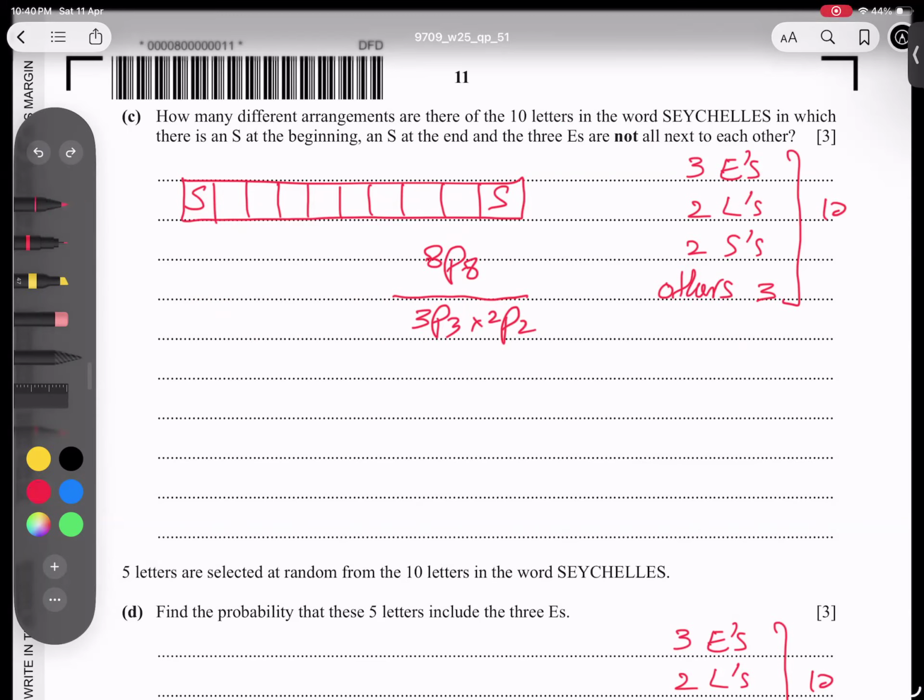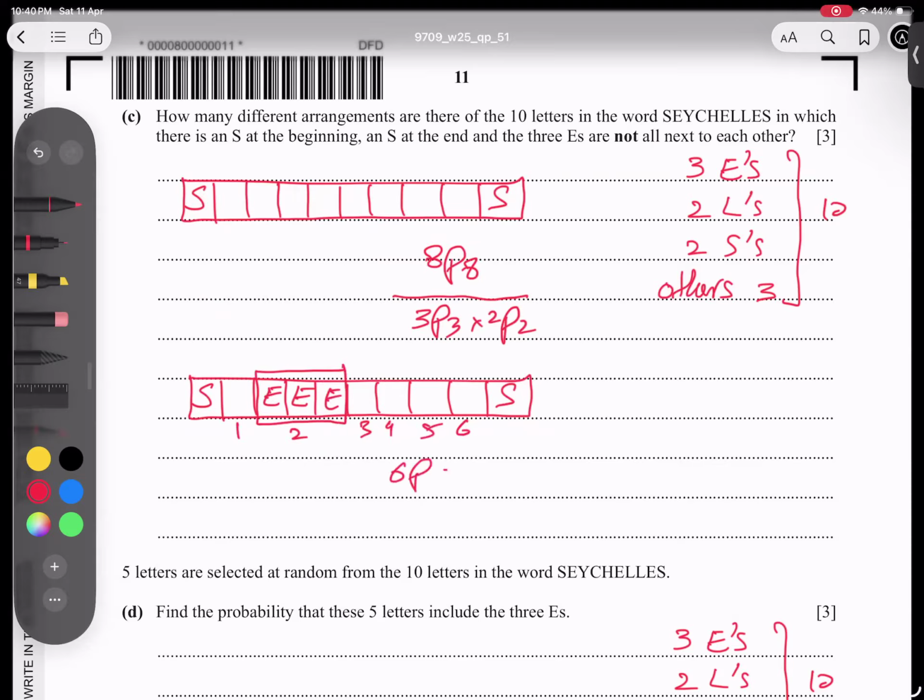Okay, now I'm going to copy this again, and I'm pasting it here. So this option. Now, where are the other three? For example, one, two, and three. I made them one block. Okay, one, two, three, four, five, six. So 6P6. So when they're together, 6P6. E I can't count now.